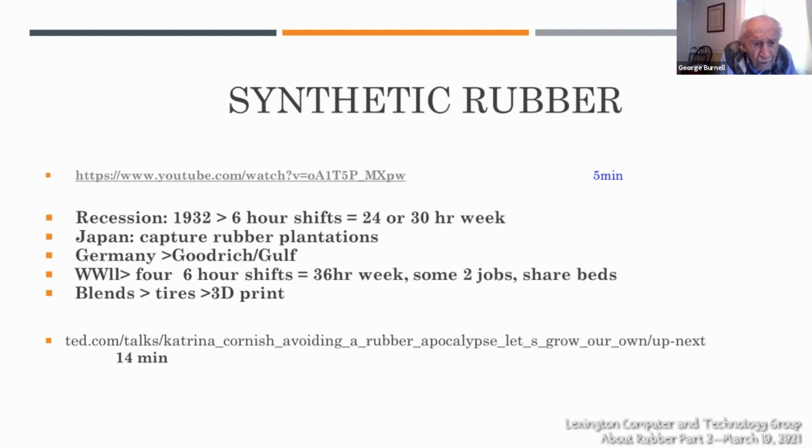The evolution on the synthetic rubber is that it became a blend into tires and into all kinds of industrial products. But it got to the point where, when I was in the industry, if synthetic or natural rubber changed by 2 or 3 cents a pound, the amount of natural rubber and synthetic rubber in your tire changed.